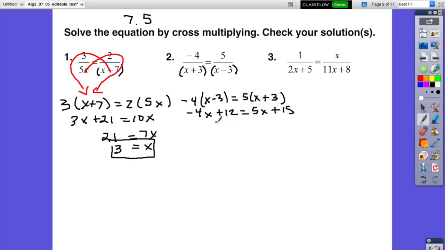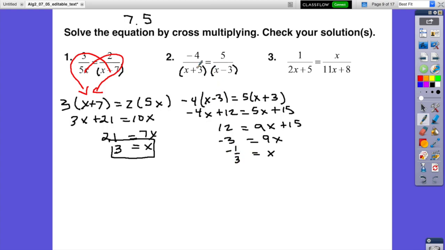We're going to move everything to the other side. So 12 is going to equal 9x plus 15. We're going to subtract 15, so negative 3 is going to equal 9x. Divide by 9, x is going to equal negative 1/3.